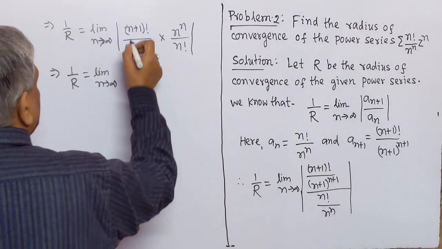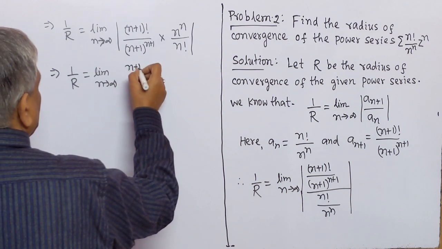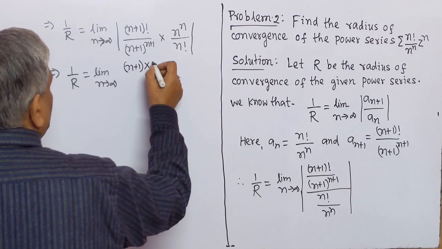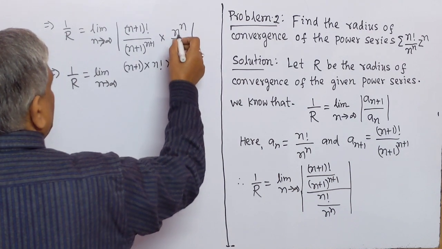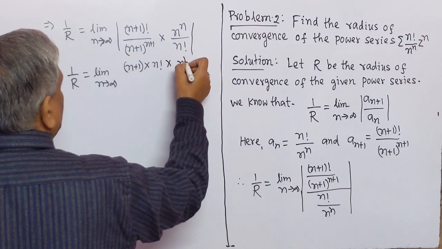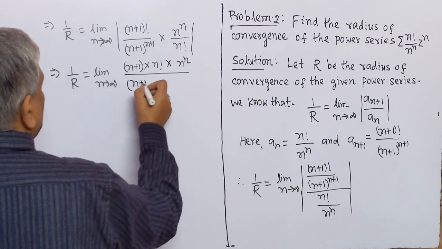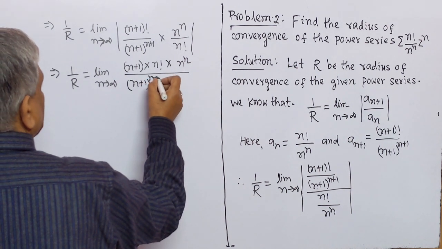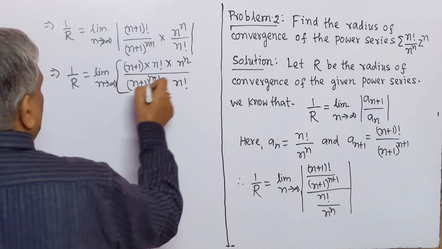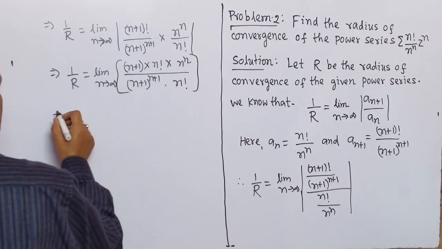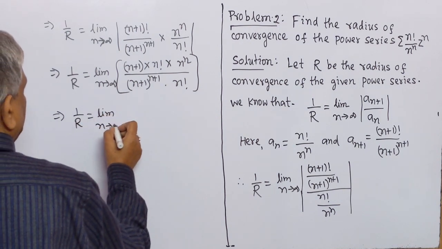So here we write factorial n plus 1 means n plus 1 multiply factorial n, and this is n to the power n. Here n plus 1 to the power n plus 1 multiply factorial n, implies that 1 by r equal to limit n tends to infinity.